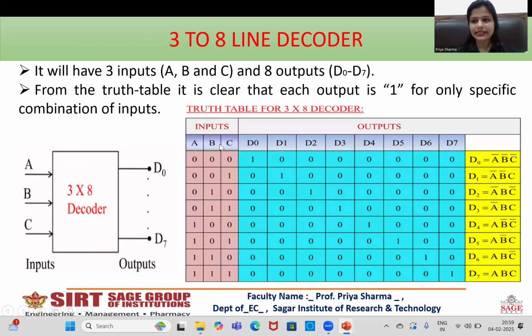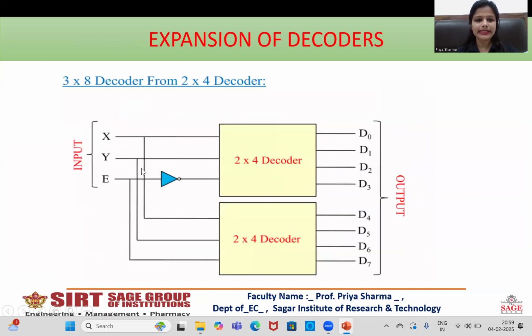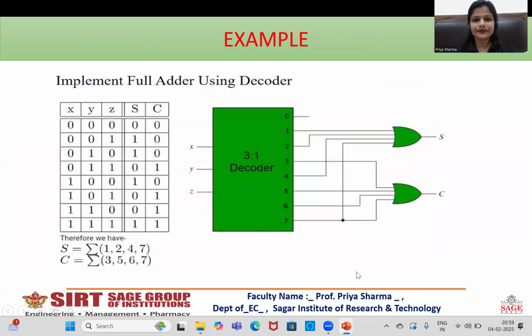So assume that B and C have been replaced by X and Y, and A has been replaced by enable. While enable is low or 0, this decoder will be active and D0, D1, D2, D3 will act as the outputs. When E is 1, then decoder 2 will be active and D4 to D7 will be the outputs.